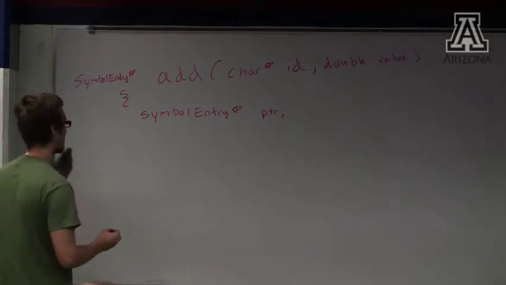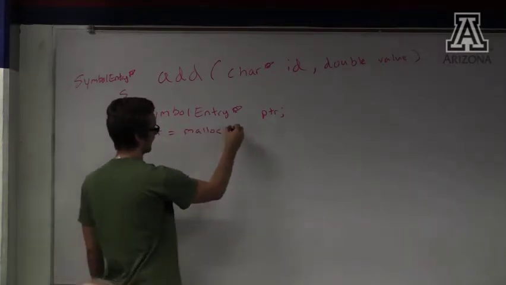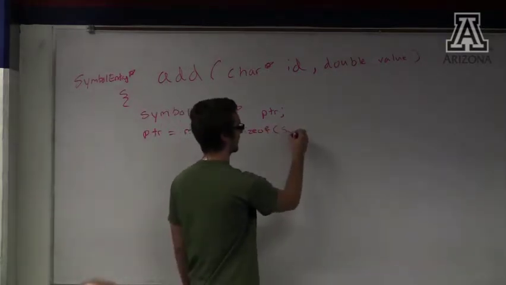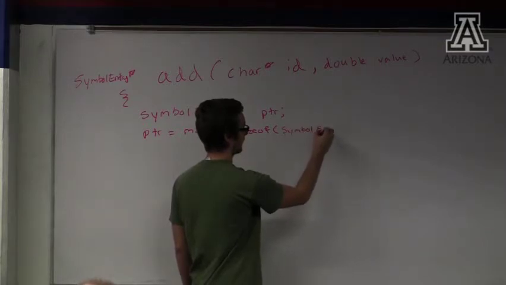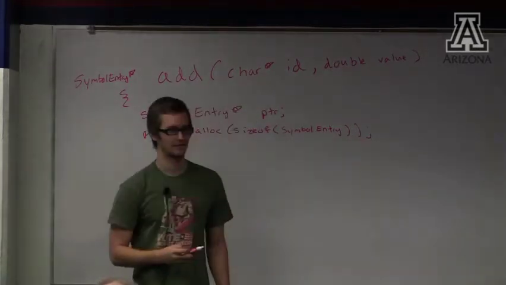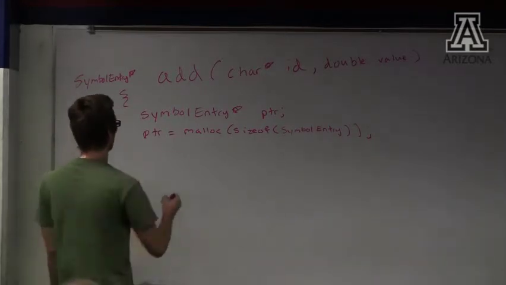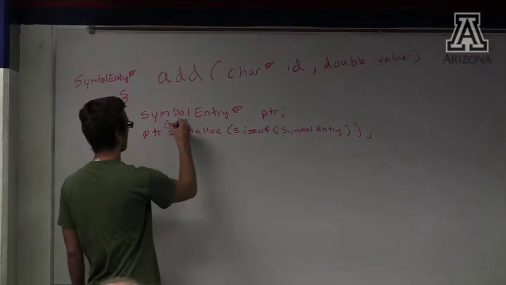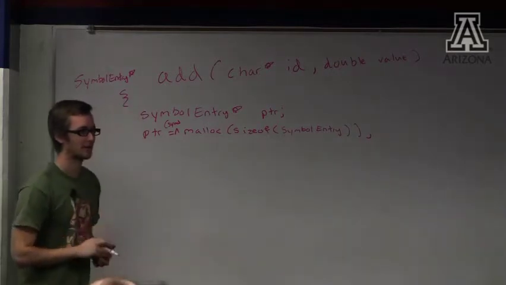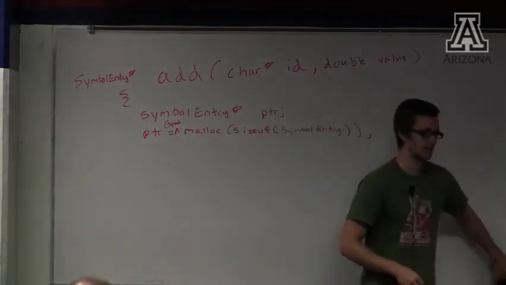So we might want to say pointer equals malloc of size of symbol entry. I think that's all the memory I need. We could cast this as a void pointer, but apparently C is just as smart as we are.